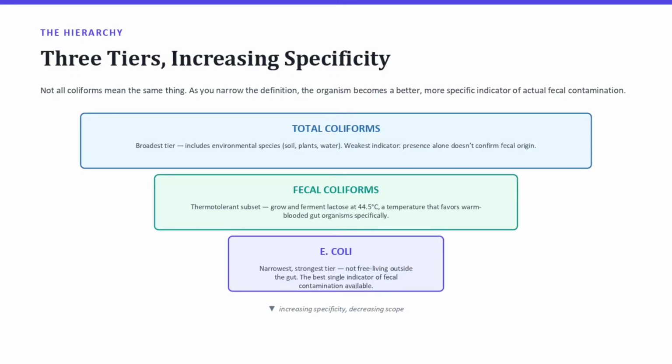That elevated temperature is what makes this tier meaningfully more fecal-specific than total coliforms. And E. coli, the narrowest and strongest tier. E. coli is not free-living outside the gut, which makes it the best single indicator of fecal contamination currently available. As you move down this hierarchy, you're trading breadth for specificity. Total coliforms catch a lot, including plenty of false alarms. E. coli catches less, but when it's there, you can trust what it's telling you.